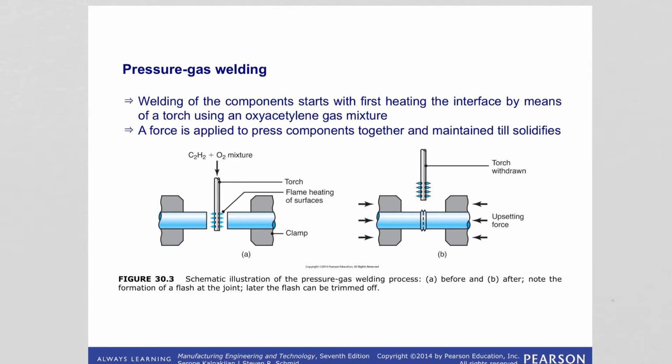Pressure gas welding, it's a process that uses equipment similar to oxy-fuel gas process to produce butt joints, basically joining the ends of objects such as pipes, railroad rail. So the ends are heated with a gas flame to a temperature below the melting point, and the soft metal is then forced together, as you see in the image, under pressure.